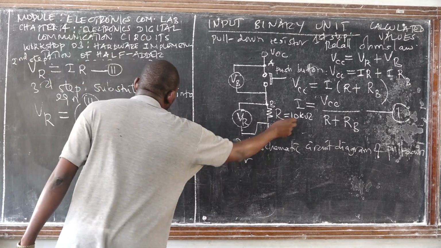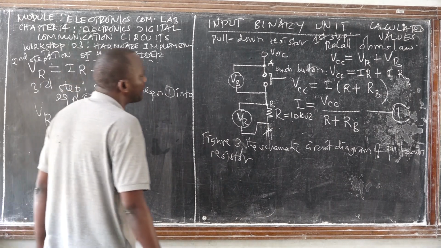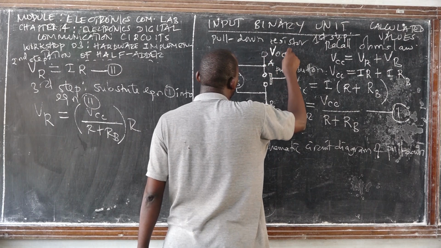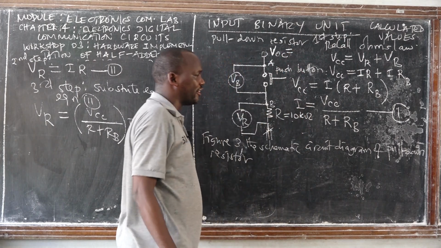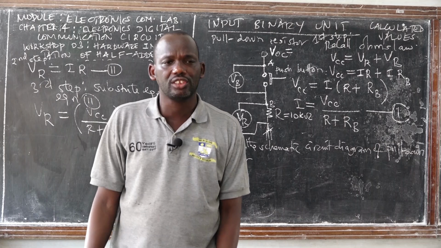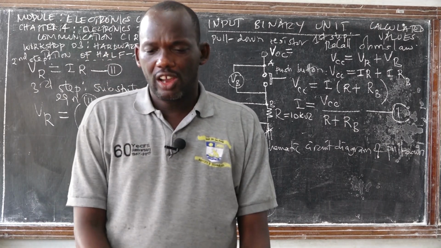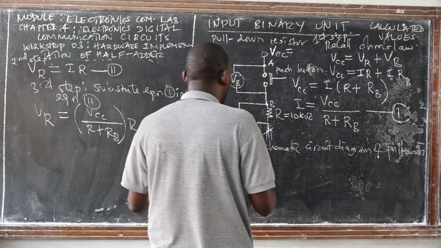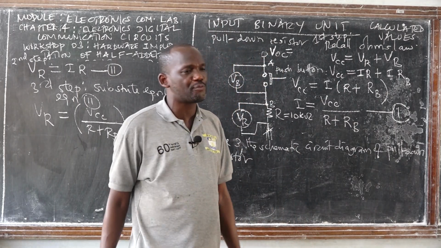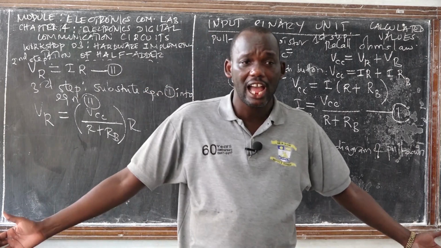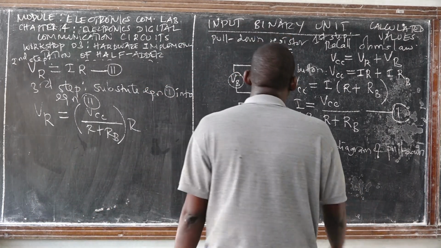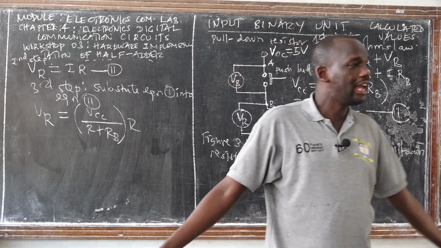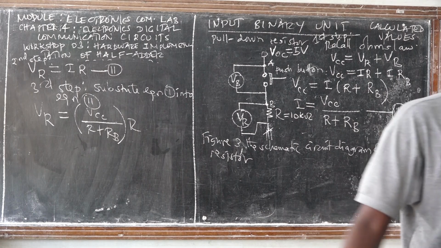If the resistance is 10 kilo ohm, and we are going to supply power to the digital electronics components such as logic gates, they have operating power ranging from 4.5 volts up to 5.5 volts according to their data sheet. So the typical value for this case is just 5 volt. Are we together?